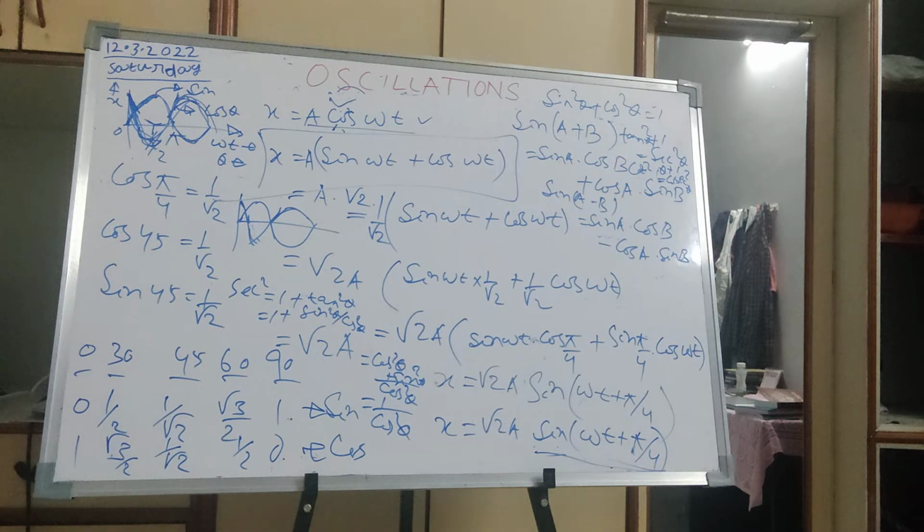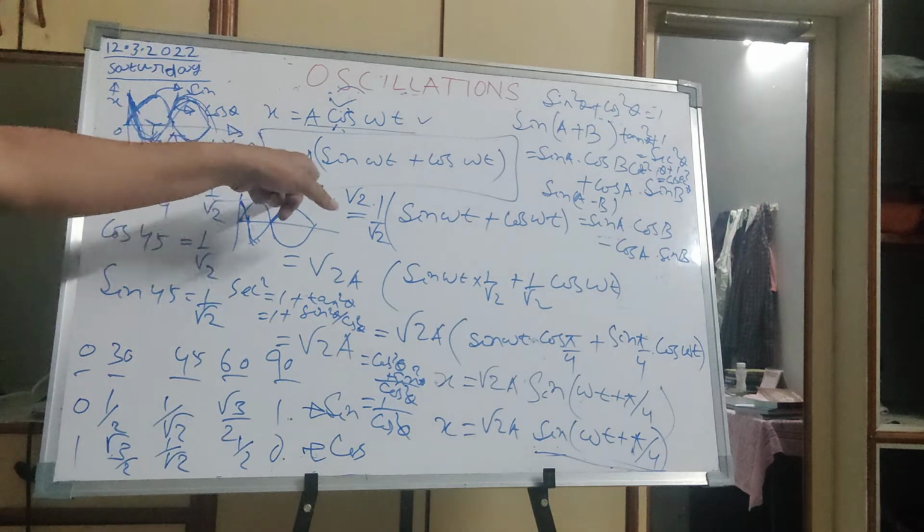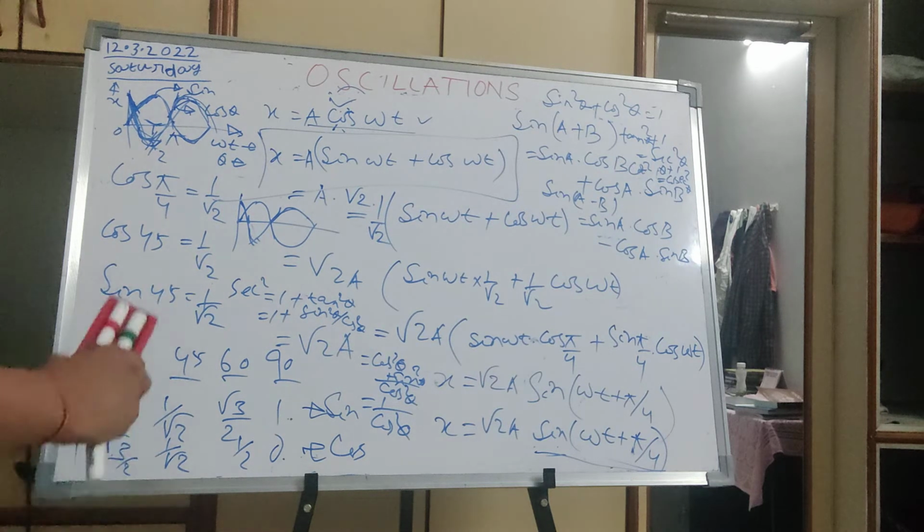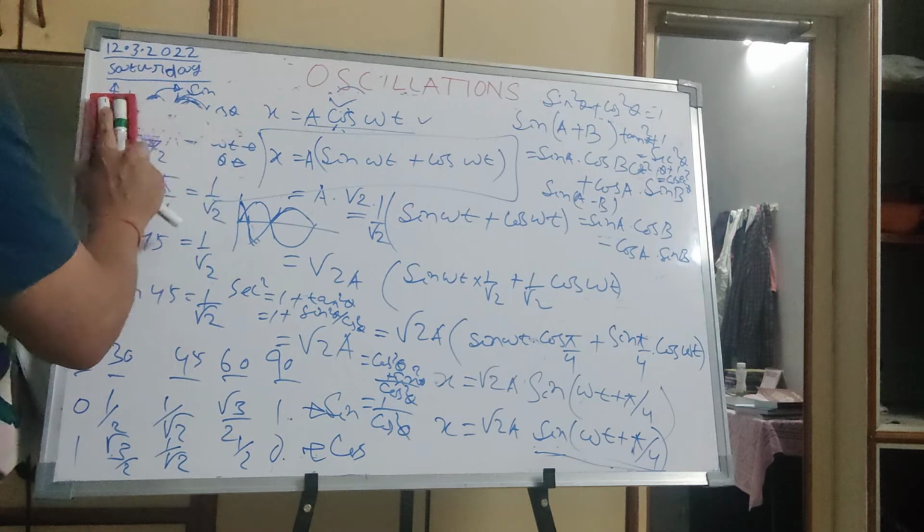So the other questions are: which of the following functions of time represent periodic motion? These are all functions of time, x is a function of t. We have proven that a sin omega t plus cos omega t is a function of time and it is a periodic motion. Now we'll move on.